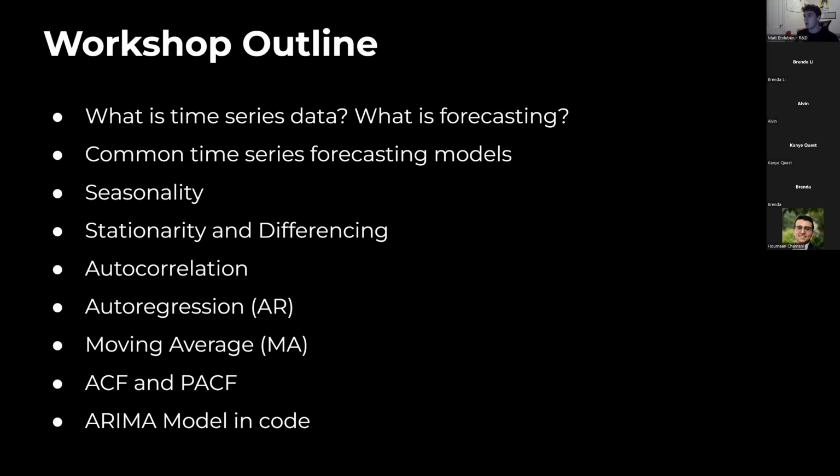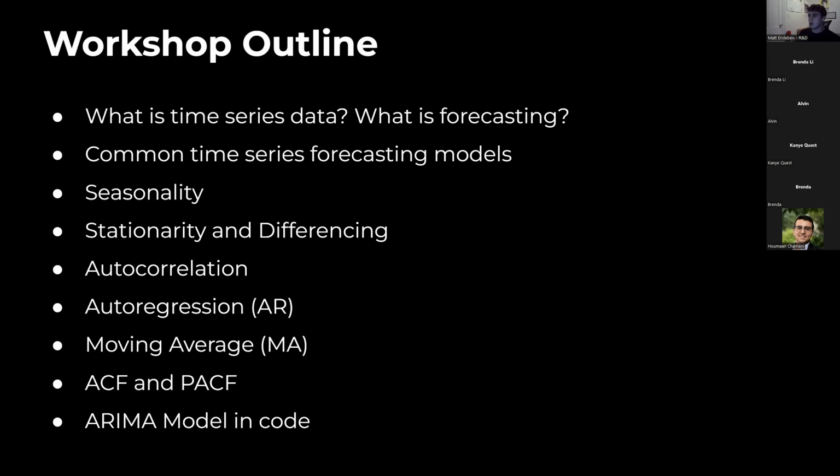So the idea of this workshop is to be very beginner and give you an overview of a lot of different terms in time series forecasting so you understand. We'll also be getting to a point at the end of the workshop where I'll show you the ARIMA model in code. So that's what we're working up to.